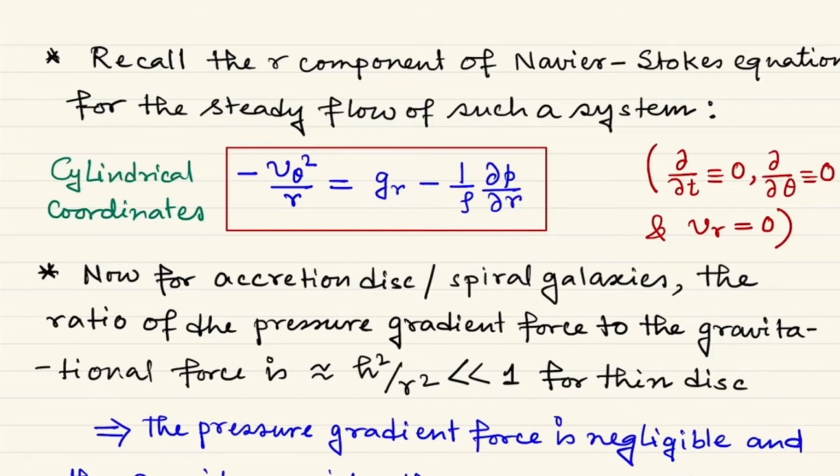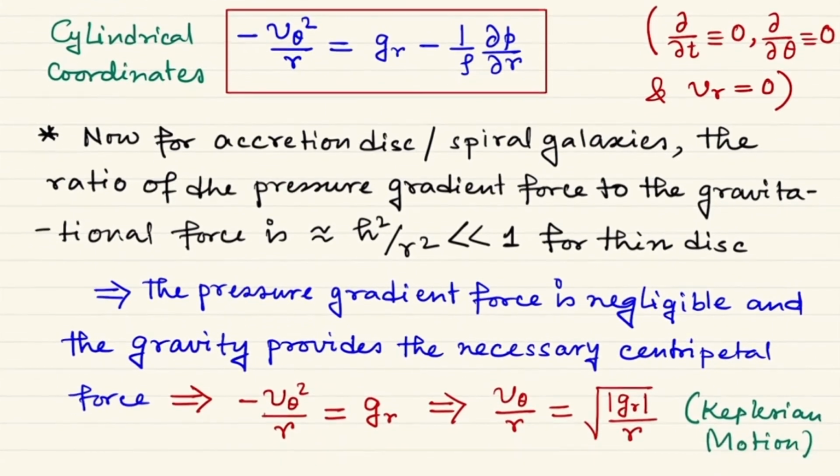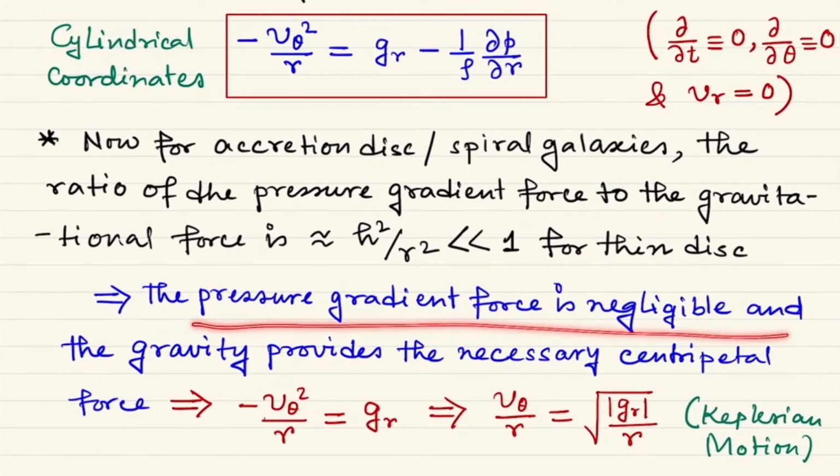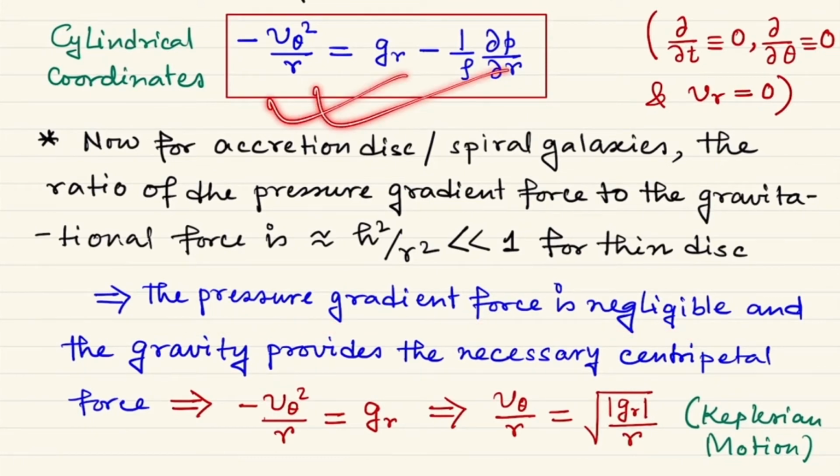Okay, so in a thin disk we are getting rid of this term, and we will say that the pressure gradient force is no longer necessary for this balance equation. So we will say that it is effectively the gravitational acceleration which provides the necessary centripetal acceleration.